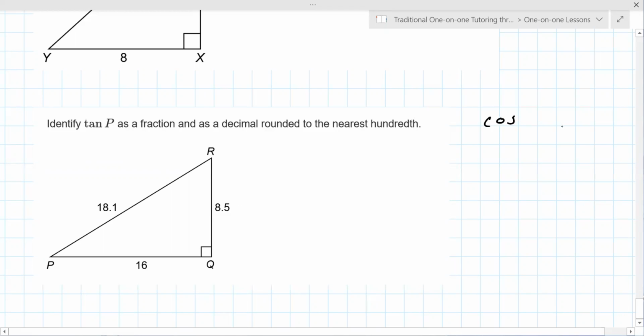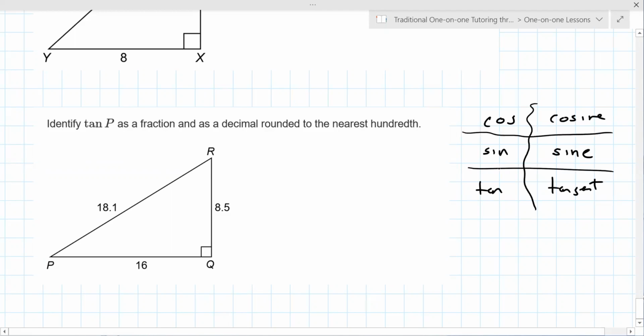So you don't say cos, you say cosine. You don't say sin, you say sine. You don't say tan, you say tangent. People do this, but it's good to get in the habit of saying the right thing.